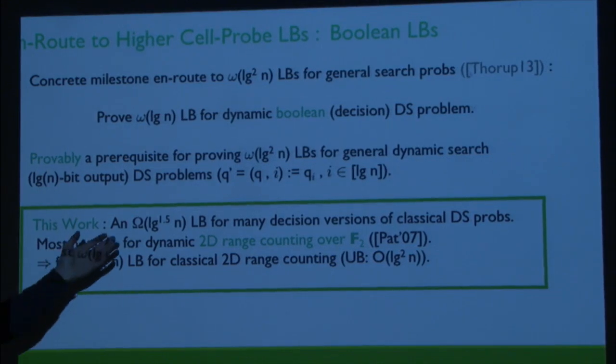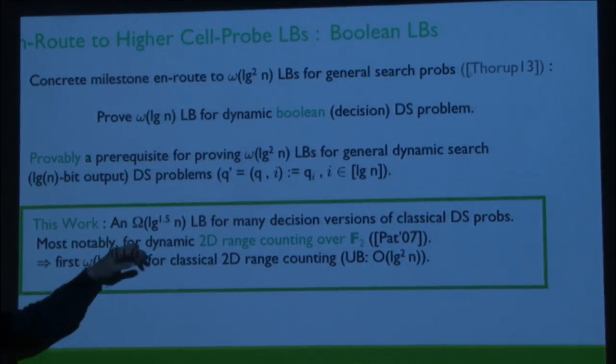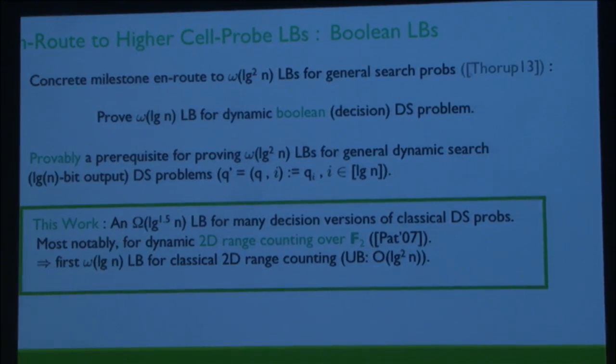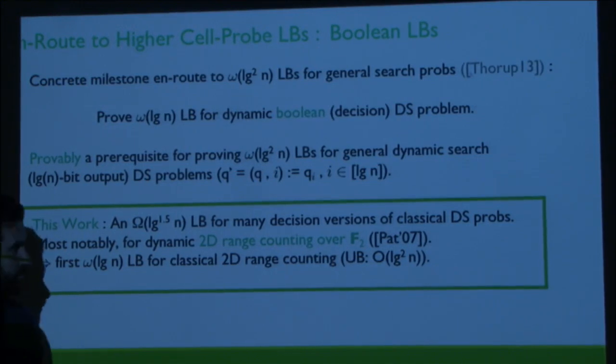And in this work, we make progress on this barrier. So we prove a super logarithmic, a log to the 1.5 n lower bound for a large class of explicit dynamic Boolean problems.